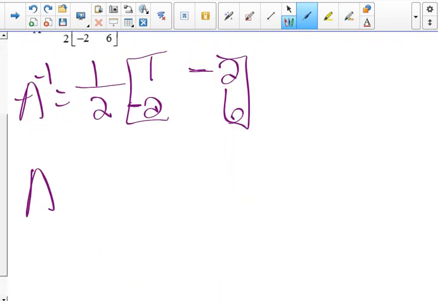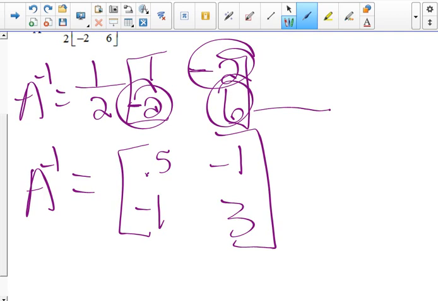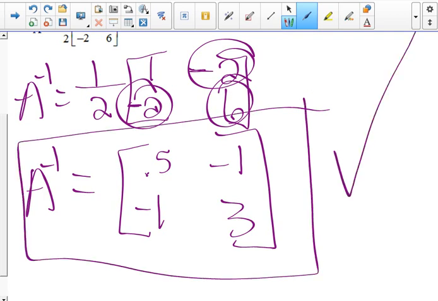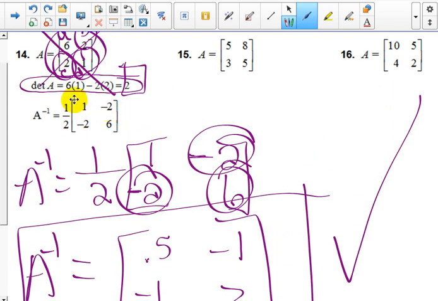So now we're just going to take 1/2 of everything here. So half of 1 is 0.5. Half of negative 2 is negative 1. Half of that negative 2 is negative 1. And half of 6 is 3. So there's your inverse. 1 over the determinant times that different order.